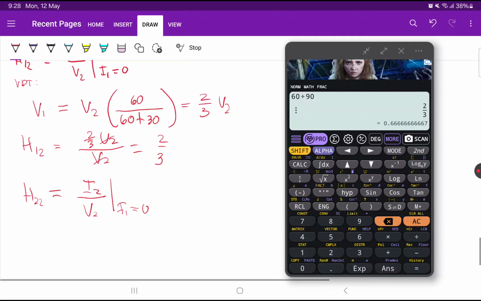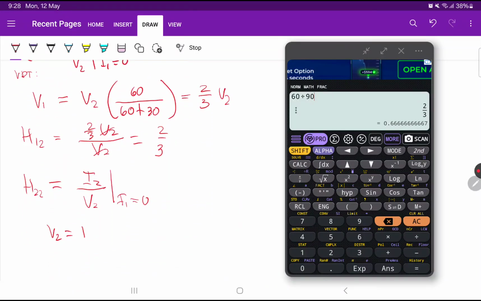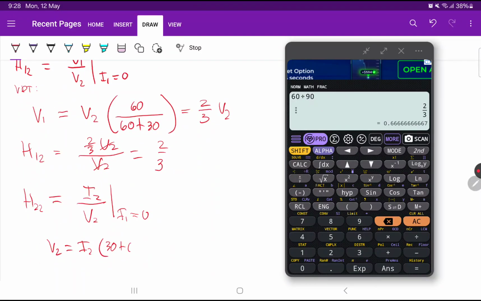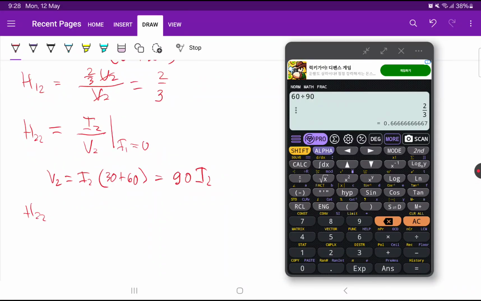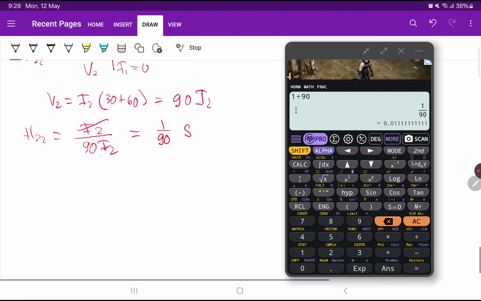V2 will be equal to I2 multiplied by the total impedance, which is 30 plus 60, or simply 90 I2. Then we can just substitute that in our formula. So H22 will be equal to I2 divided by 90 I2. So we cancel that out. So it will become 1 divided by 90. And the unit will be in Siemens.